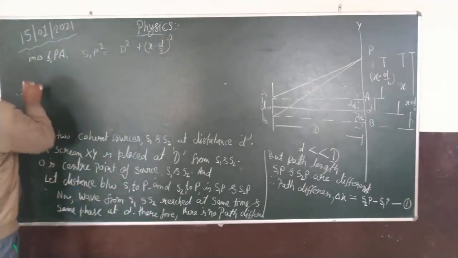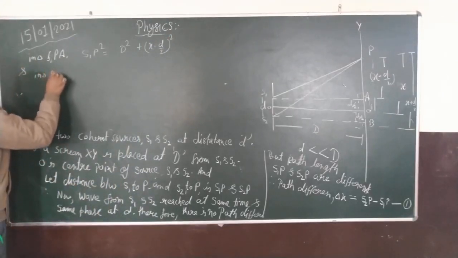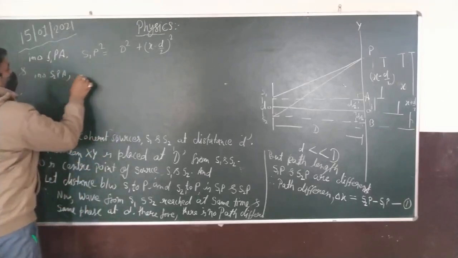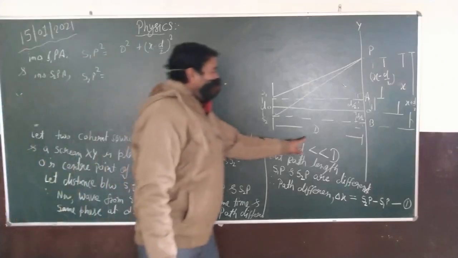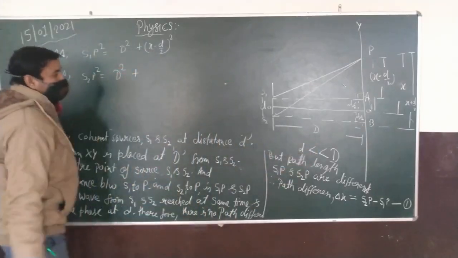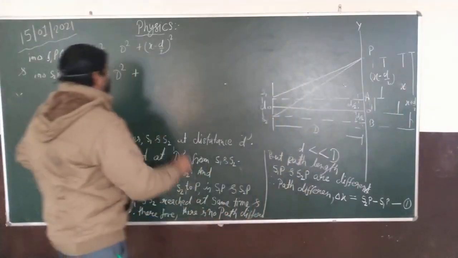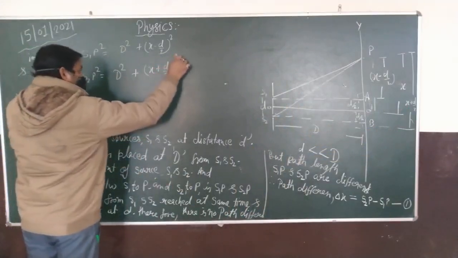Okay, and in triangle S2PA, clear? S2P square is equal to D square plus (x plus d by 2) whole square.